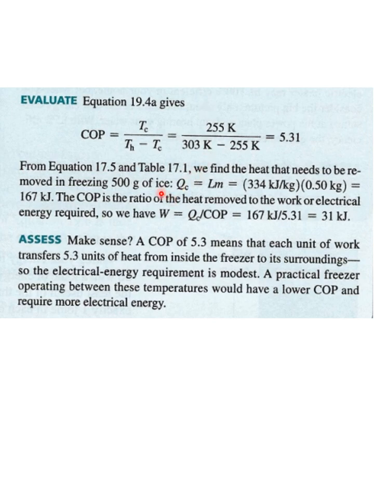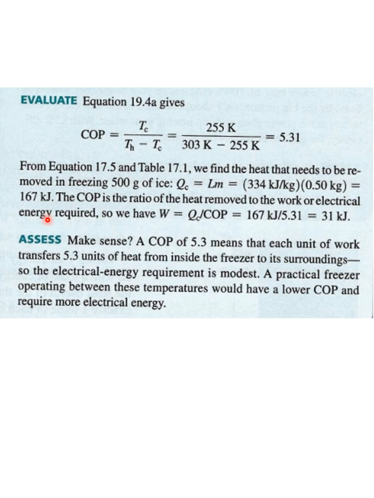So Q sub C, that's the heat extracted, is the latent heat of fusion. Now in the book here, it doesn't use L sub F, it's just saying L, but we need to be talking about the heat of fusion times the mass. So 334,000 joules per kilogram times 0.50 kilograms, and we get 167,000 joules, or 167 kilojoules.